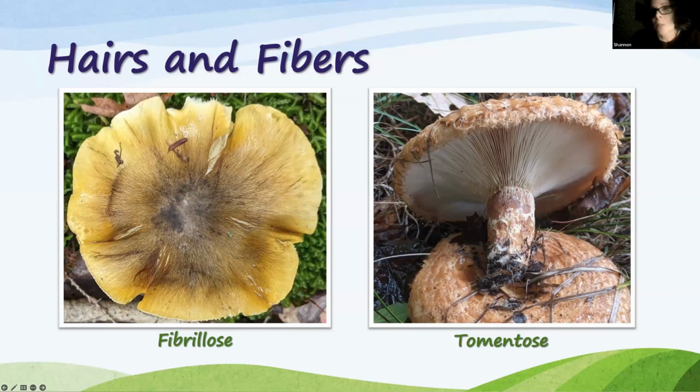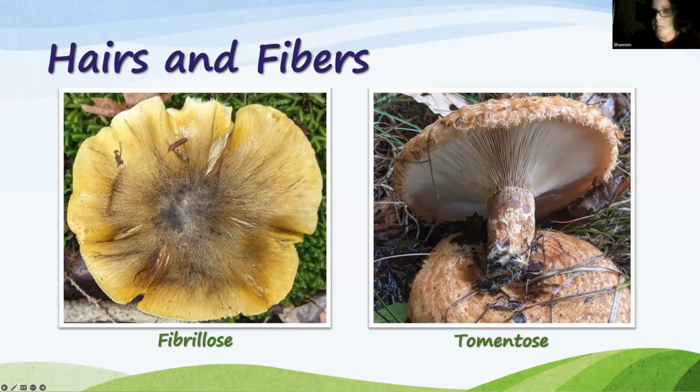Traditionally, the term hairy is reserved for caps that have hair-like, thread-like projections emanating off the surface. And there are a multitude of different types of hairy caps, and they boil down to basically three characteristics: the length of the hairs, the density of the hairs, and the stiffness of the hairs.